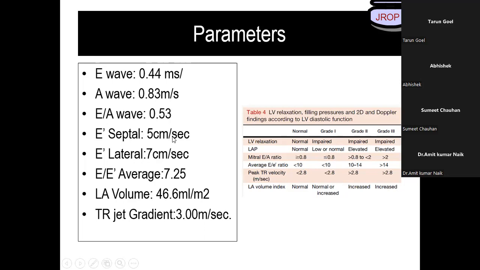EA ratio, then E/e' average is less than 10. LA volume is 46. TR jet gradient is 3. So it classifies into grade 1 diastolic dysfunction with raised LA volumes. Abhishek, you are good, but you have to perfect yourself. Okay, sir.